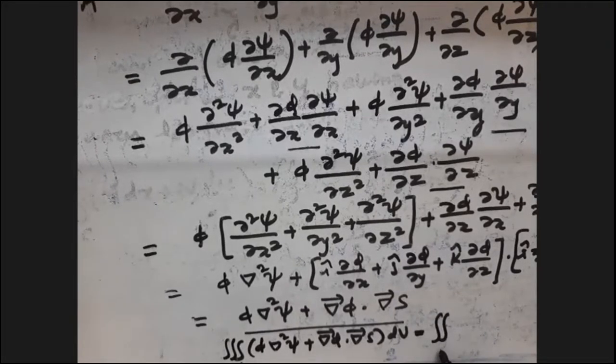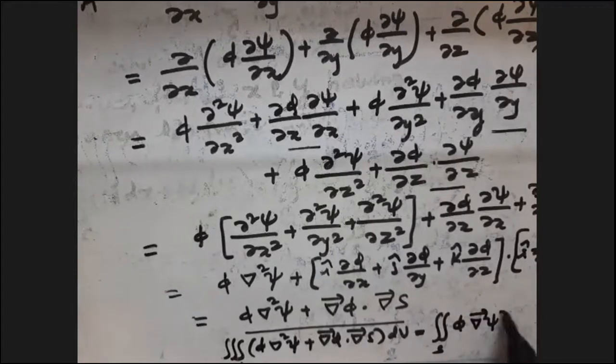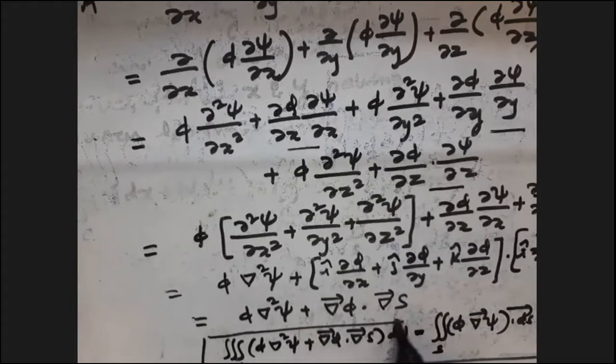Surface integral A dot dS. A we have taken as the substitution phi del psi. Okay, we have taken the substitution A equal to phi del psi. Surface integral A dot dS we have to write here. A equal, you write phi del psi dot dS. So therefore Green's first theorem is proved.